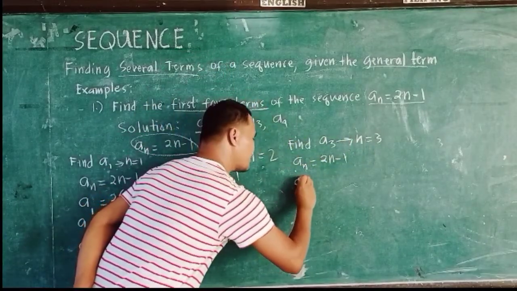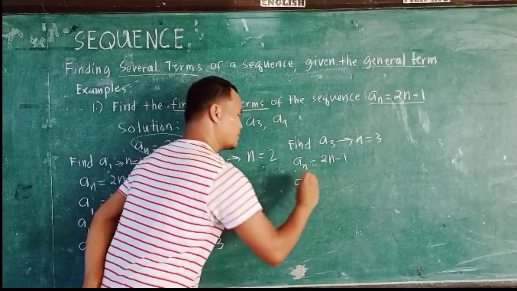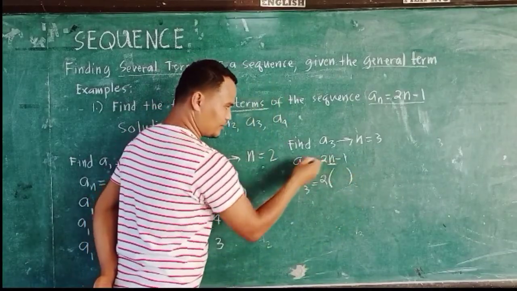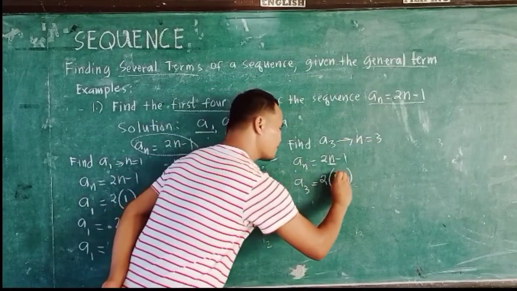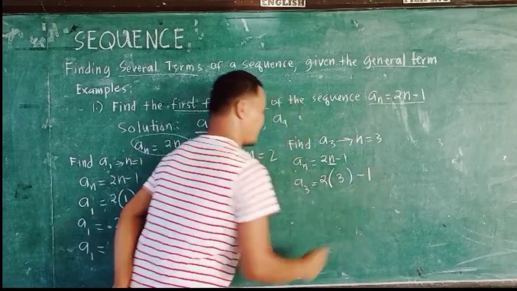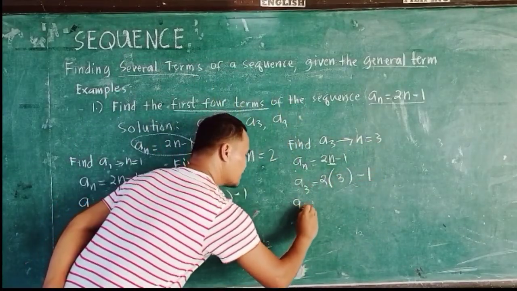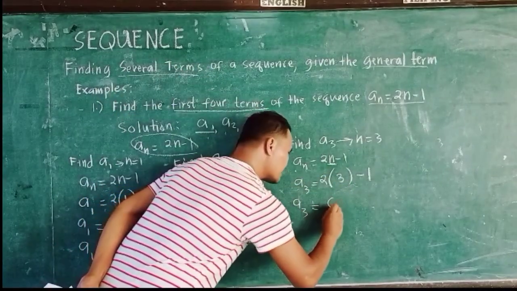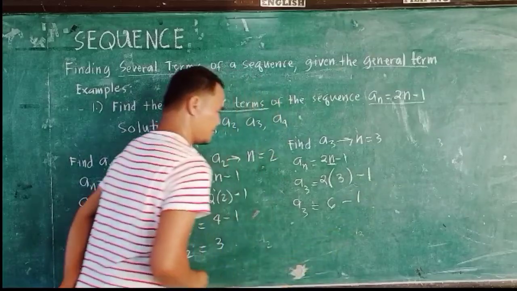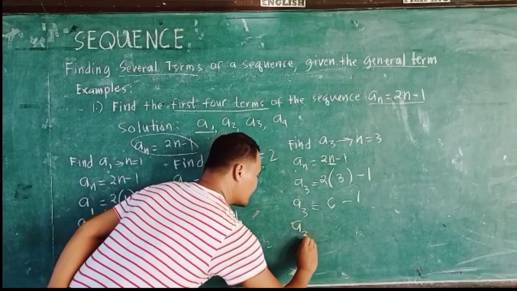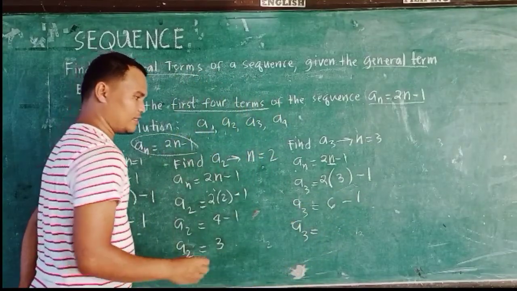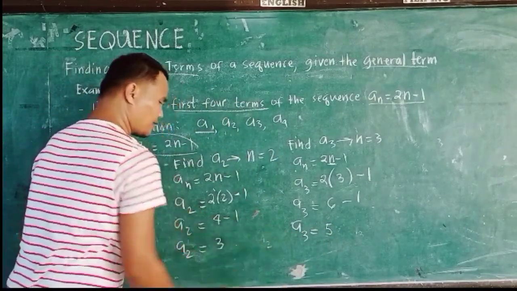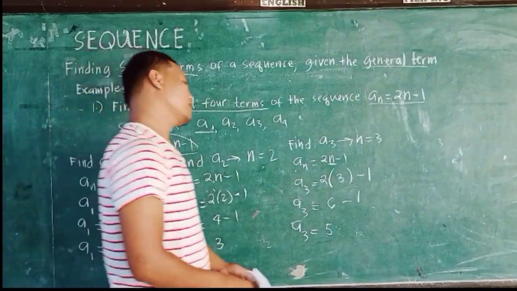So in this case, a sub 3 equals 2, put a parenthesis, then the value of n, which is equal to 3, minus 1. Then a sub 3 equals 2 times 3 is equal to 6 minus 1. A sub 3 is equal to 6 minus 1 is equal to 5. Therefore, a sub 3 is equal to 5.